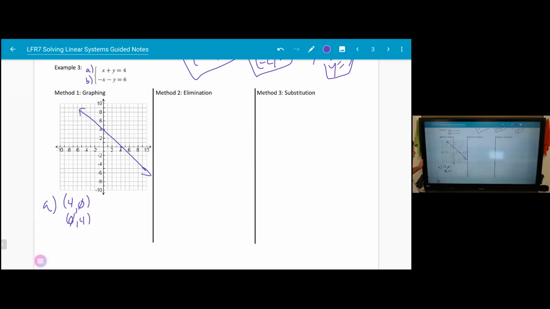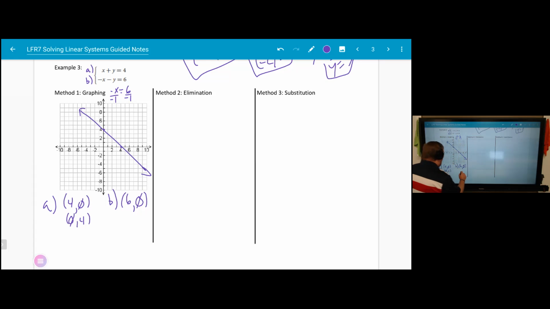Okay, and then for B, if I plugged 0 in for y to find my x-intercept, I'd have negative x equals 6. I don't care about negative x, I want positive x, so I'd divide both sides by negative 1, and x would equal 6. Could you have also solved these for y? Yeah, it's going to be the same thing.